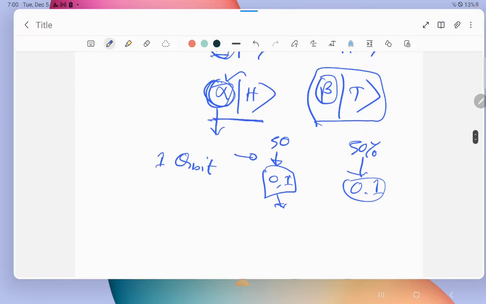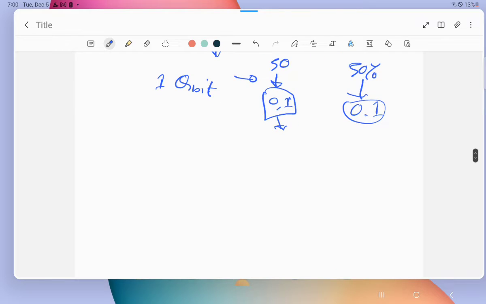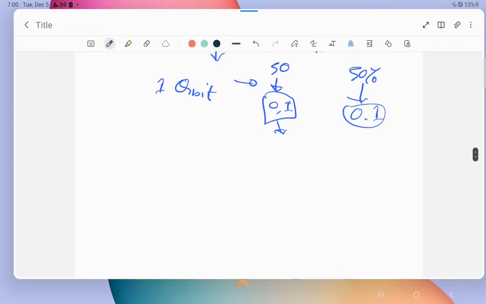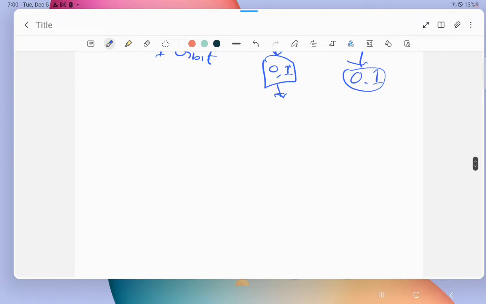Now think about two qubits, and how it works. Take two coins.